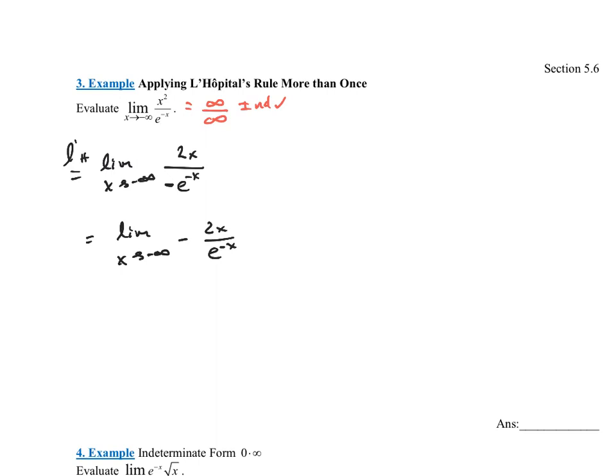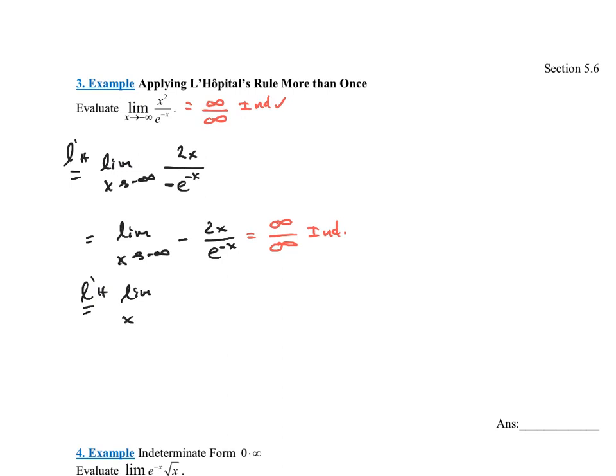Well, we start evaluating this. 2x as x goes to negative infinity, or you could look at it as negative 2x as x goes to negative infinity, would go to positive infinity. And again, e to the negative x we know also goes to positive infinity, so we get indeterminate form again. So what do we do? We use L'Hopital's rule again. You could use L'Hopital's rule as many times as you want.